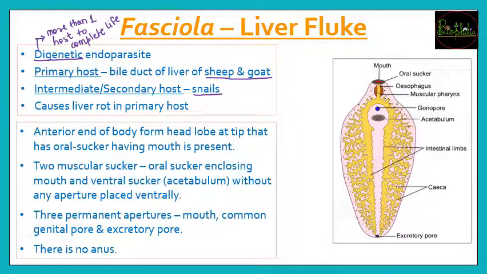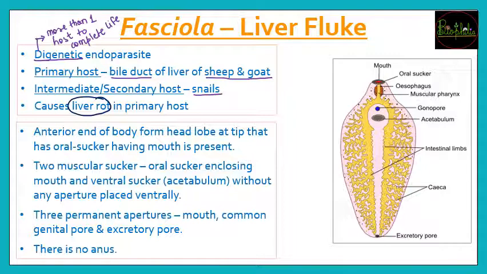And it is going to be an endoparasite because वो bile duct में रह सकती है या फिर in the intestines. So it is going to live inside the body, that is endoparasite. Now if it is found in sheep or goat, that is the primary host, it is going to cause the infection that is called liver rot. So that liver rot can be because of the Fasciola that is present in the bile duct of the primary host.